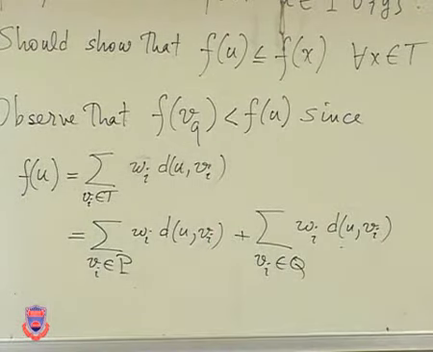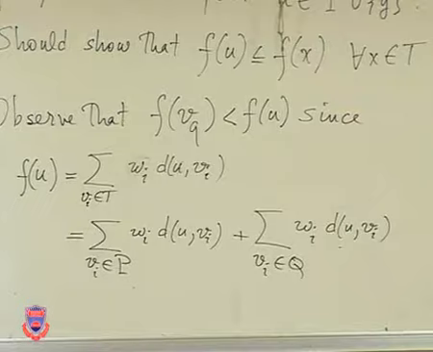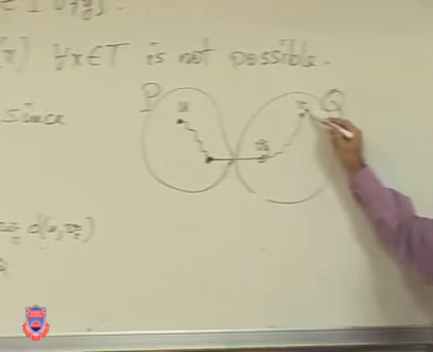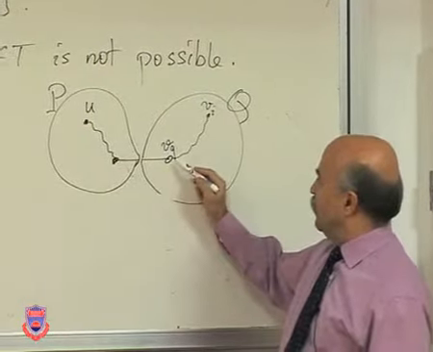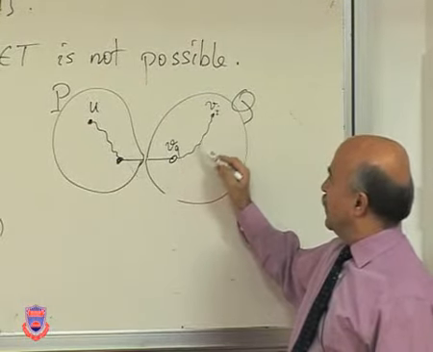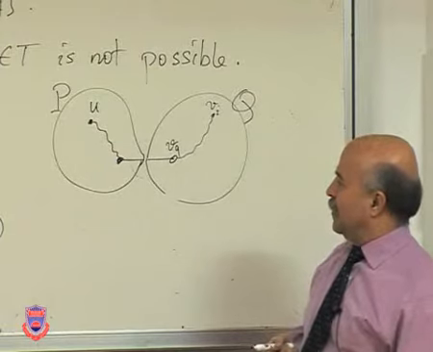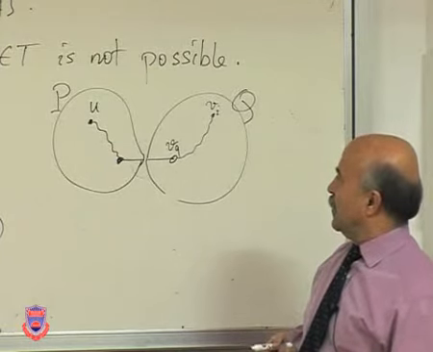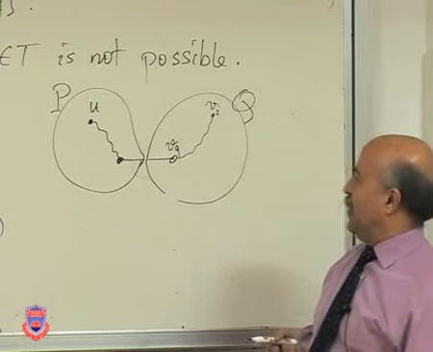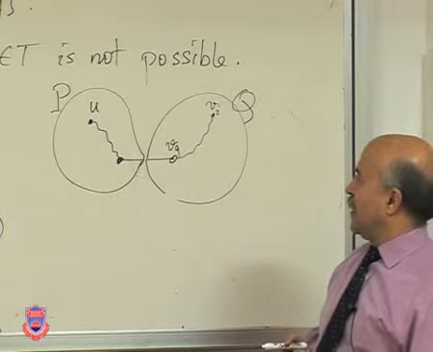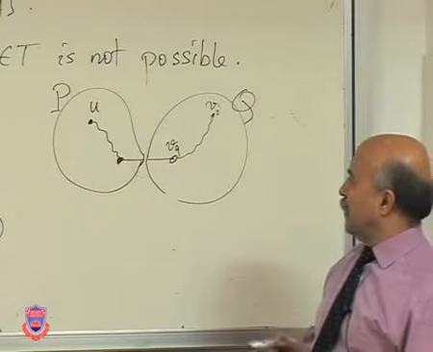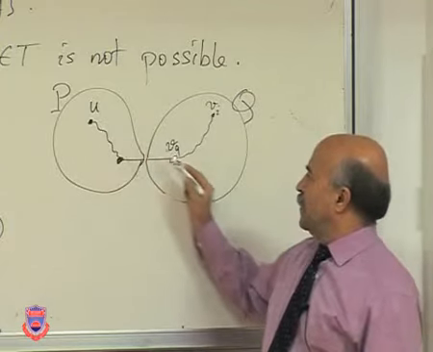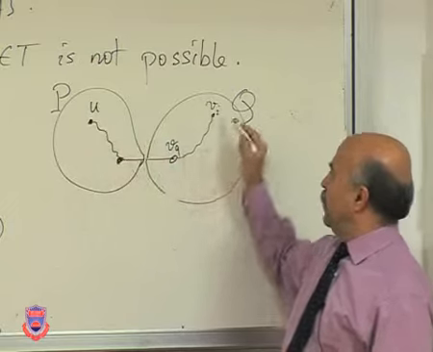So how do I proceed from this point on? Moving the point from U to VQ. From where? U to VQ. Yeah. You will increase your cost by a smaller weight times that distance, but decrease it with a larger weight with the same distance. That's why you cannot be optimal. What do you know about U, VQ, and VI?